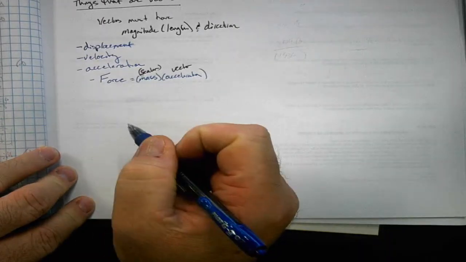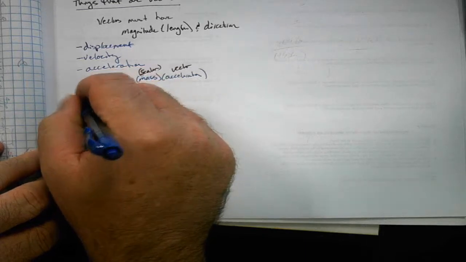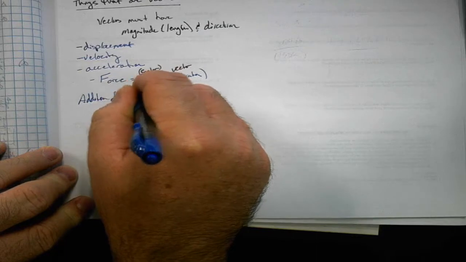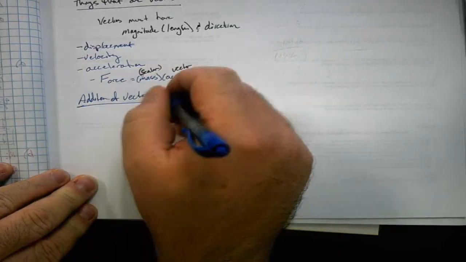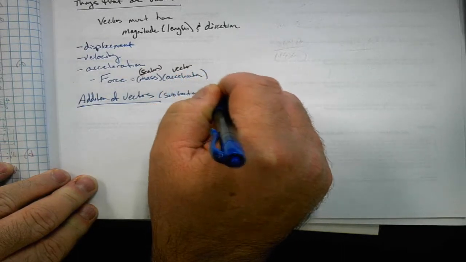Okay, we're going to start with addition of vectors, and subtraction too. Just like in regular math, if you add two vectors together, it doesn't matter which one you add first, which one comes first.